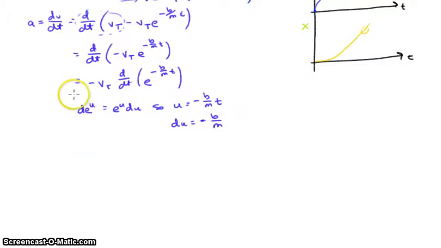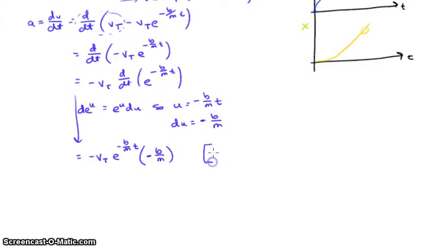So if I take this down here and look at it again, basically what this derivative is going to get me is minus vt e to the minus b over mt, but because of my little substitution, I need to correct for this du term, so I've got to do minus b over m out front.